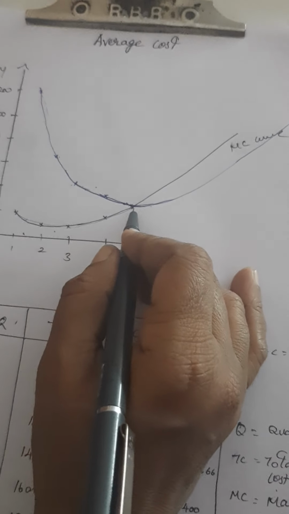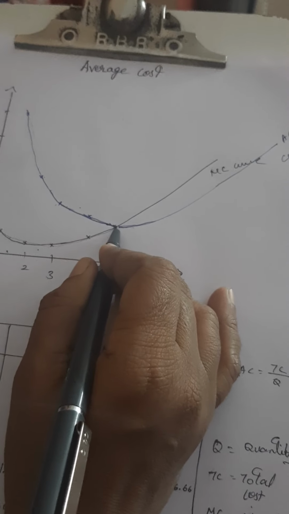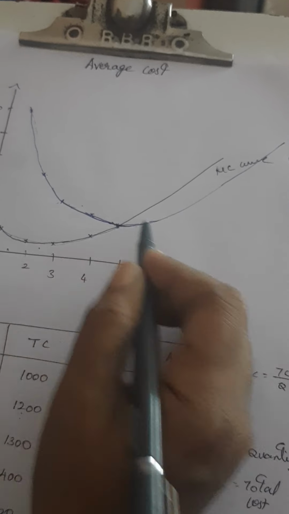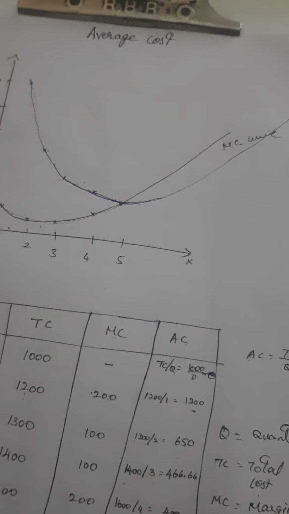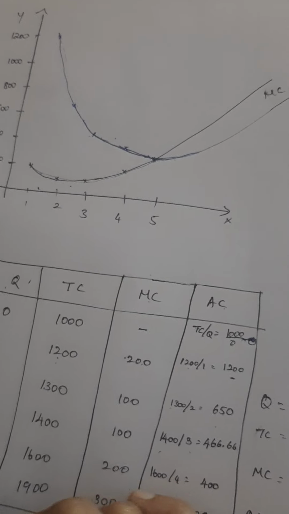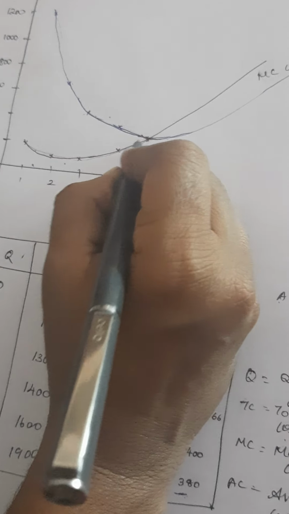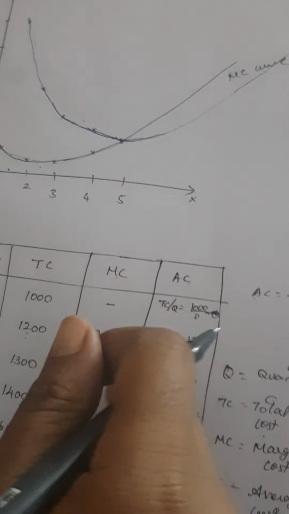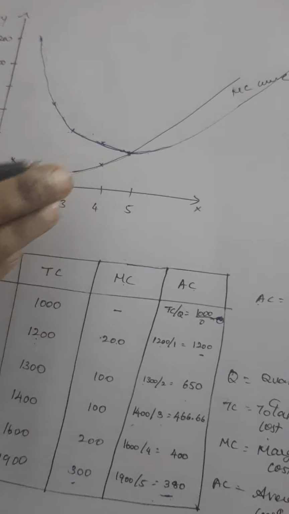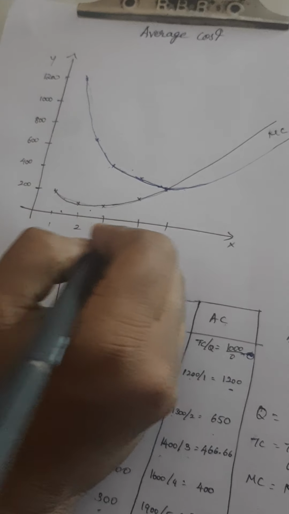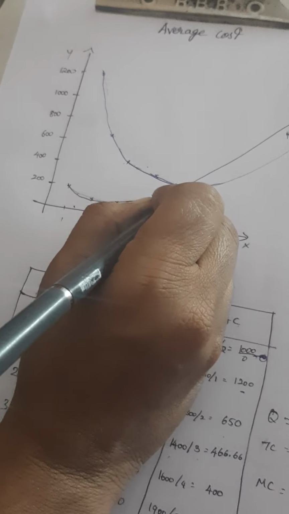When AC becomes constant at one place, MC also most probably becomes equal to it. At the fifth point, what is the AC? 380. Here MC is 300. That means both are most probably nearly the same. I am not saying that 300 is equal to 380. That means when the AC becomes constant, MC also tries to become equal to it.